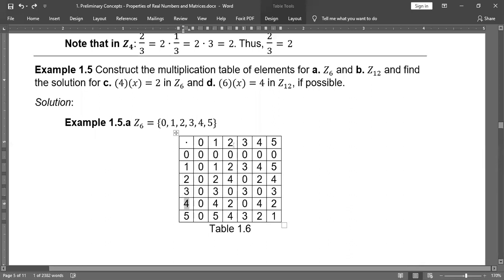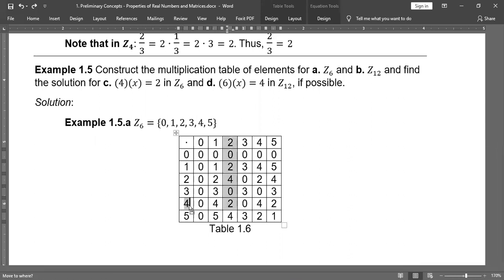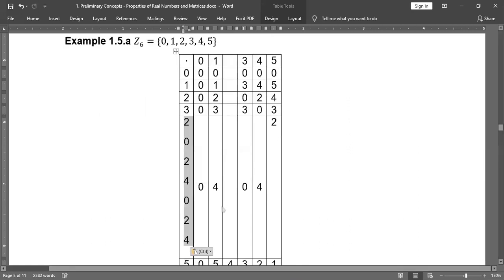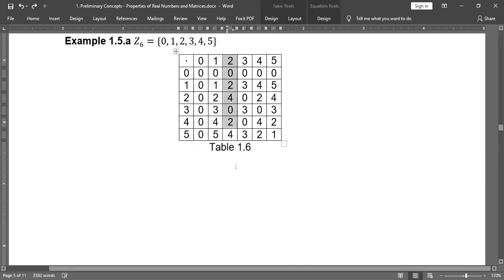2, sir. So, x is equivalent to... Pwede rin yung 5, sir. Okay, pwede rin. Ay, wait lang. Pwede dalawa na. Ayun, pwede. Pwede rin si 5.